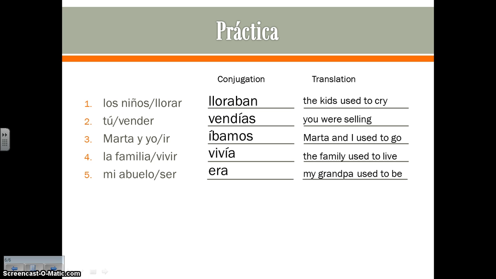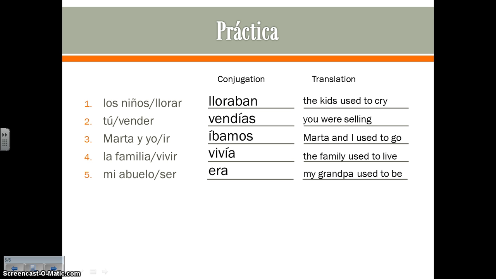Alright, so let's go through each one of these. Los niños, so it's going to be they. And since llorar is an AR verb, then it's going to be lloraban. The kids used to cry, or the kids were crying. Okay?